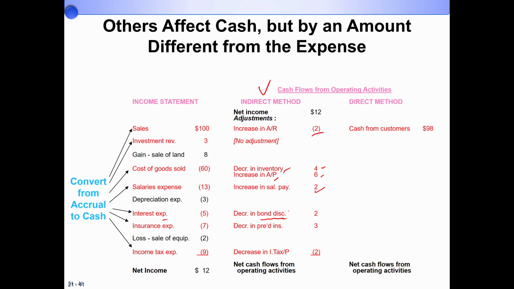Discount on bonds payable is a contra liability account. That's why it's going to be opposite. In this case we have a decrease, so bond discount decreased by 2.